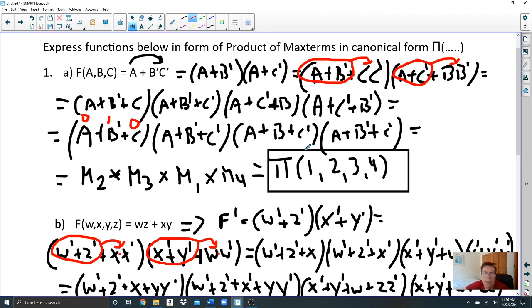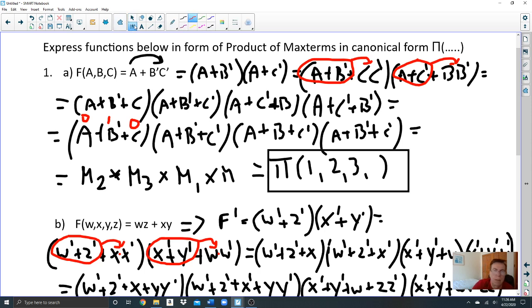Okay. So what we have here, let's check this. This one is maxterm 2, this one is maxterm 3, this is maxterm 2, maxterm 1. So this is maxterm 1, and this A plus B prime plus C prime is maxterm 3. So it looks like we have an incorrect answer. So let's put maxterm 3 here.